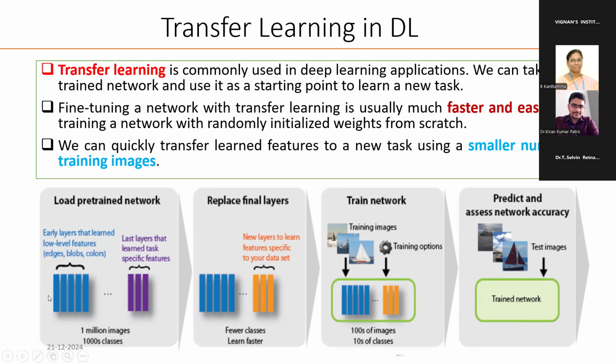If you are working with pre-trained models, you have the option to replace only the last layers, which are the classification layers. You can change the classification layers based on your parameters. Don't touch the earlier layers, because their weights are already pre-trained. Once you replace your layers, you can train with your images and then test your network.